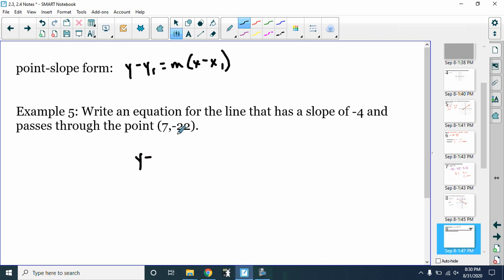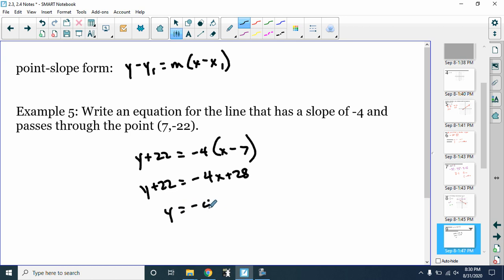So we go y minus negative 22 equals slope times x minus x sub 1, 7. Usually it'll ask you to write your equations in slope-intercept form. Distribute the negative 4 and subtract 22 from both sides.